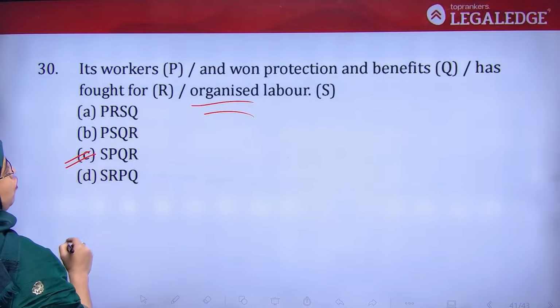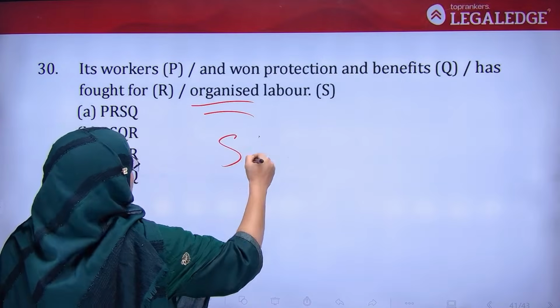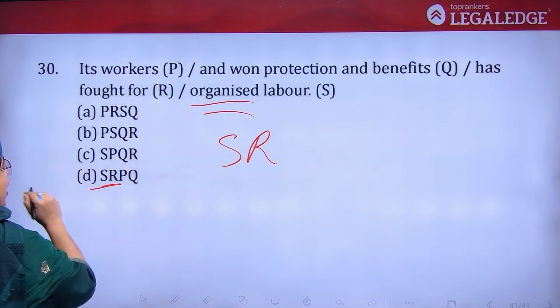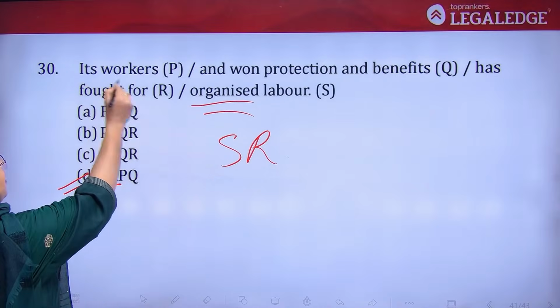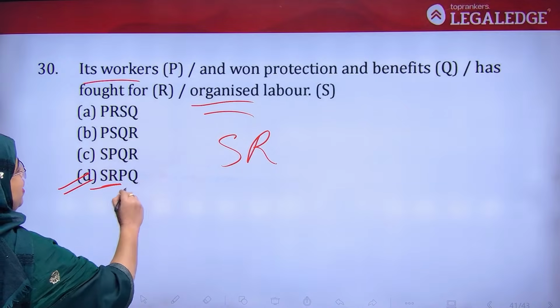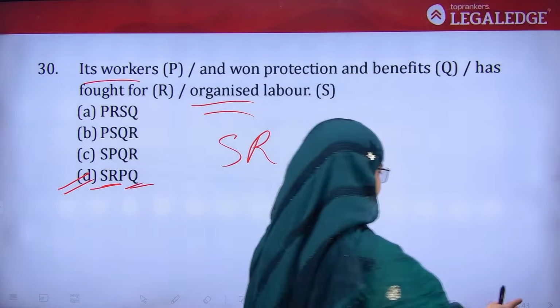Organized labor has fought for. So SR is there. So I think D, has fought for its workers and won protection and benefits. Q should be at last. So option D is the correct answer choice here.